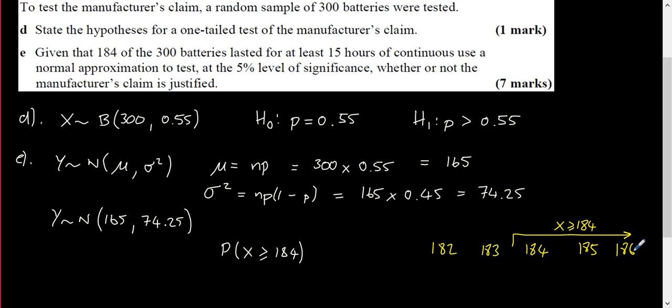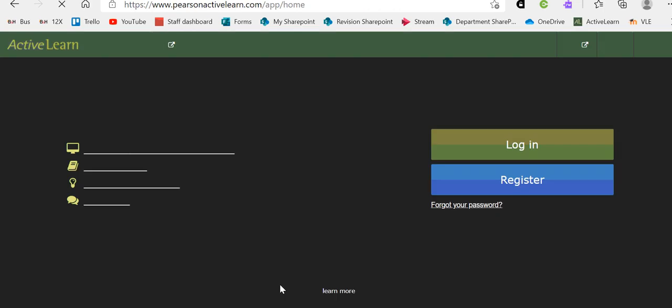But when we turn it into a continuous distribution, it means that there are lots of values in between 183 and 184. So what's the value that we're actually testing? Well, we use the lower bound here. In between 183 and 184, we have 183.5. So for our normal distribution, we're actually testing that y is greater than or equal to 183.5.